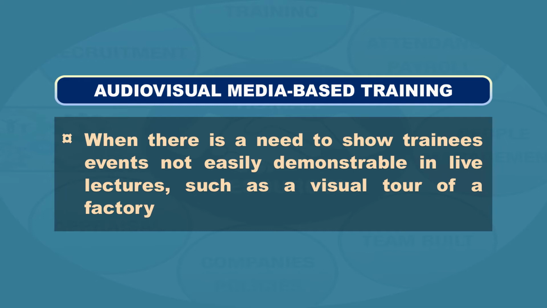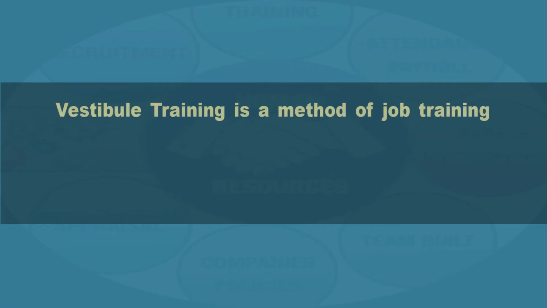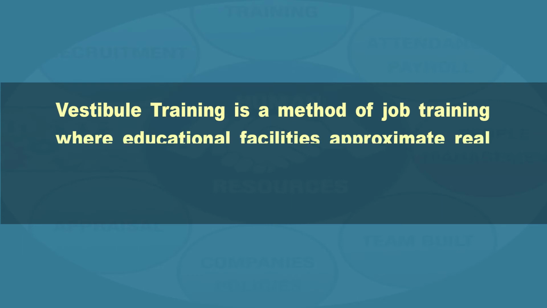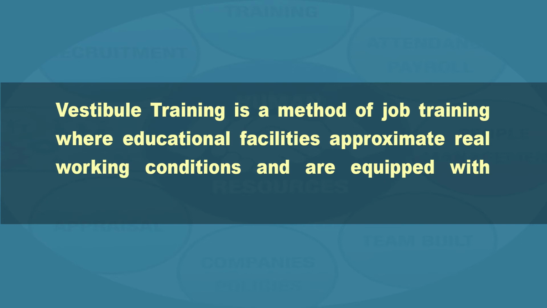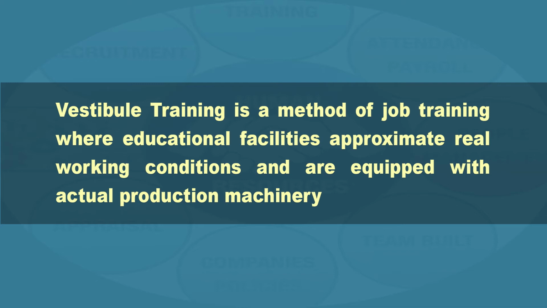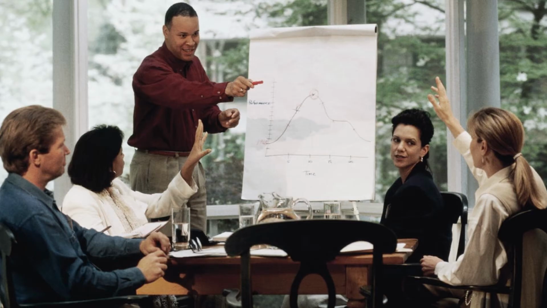tour of a factory. As per the Business Dictionary, vestibule training is a method of job training where educational facilities approximate real working conditions and are equipped with actual production machinery. In a stereotypical vestibule training situation used by manufacturers, around 10 trainees would be supervised by one trainer and the training provided simulates on the job training.